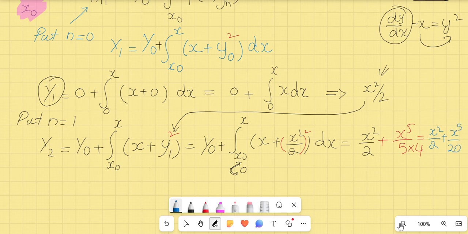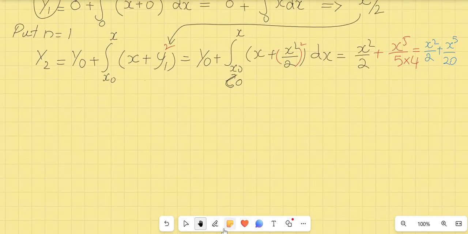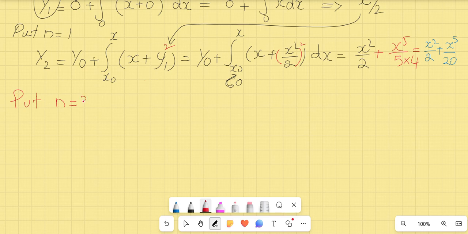So this is y2. Similarly, if you further go and put n equal to 2, then you will get y3 equal to y naught plus the integral from x naught of x plus y2 squared dx.